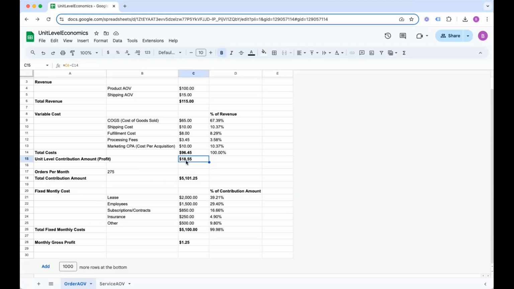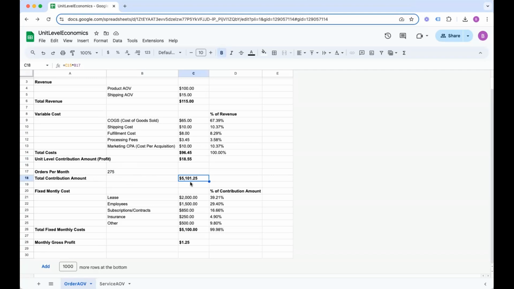So you're getting orders. Let's say in this example, you're netting about $18 and some odd cents per order. You can plug in numbers here to say how many orders are happening per month, either literally or what you want to see happen. And so that's the cumulative amount of dollars that are left over after you account for these variable expenses.